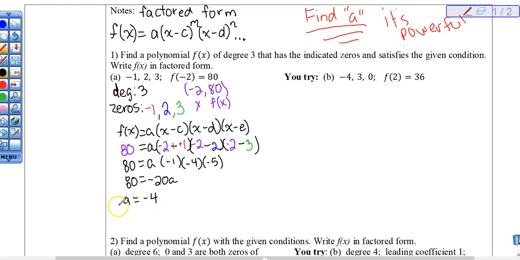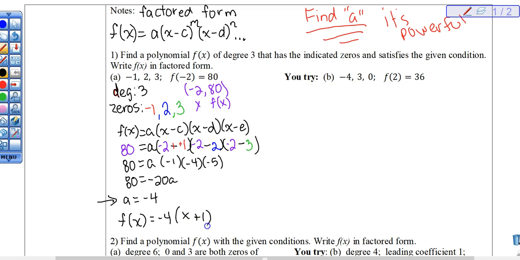All right. So I found it. The all critical A. So now I can go ahead and write my polynomial. So I'm going to go back in and put my f of x and my x's back in the equation because polynomials have to have x's. But I'm going to insert my -4 and keep my zeros. So here's our solution. F of x is equal to -4 times x plus 1, right?